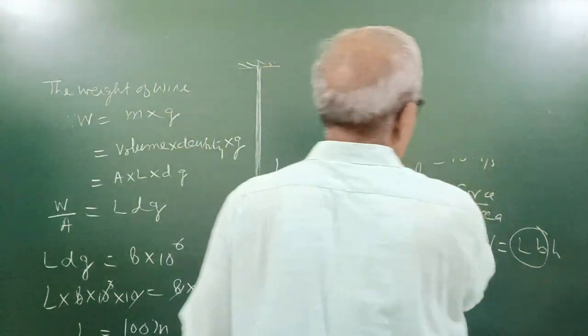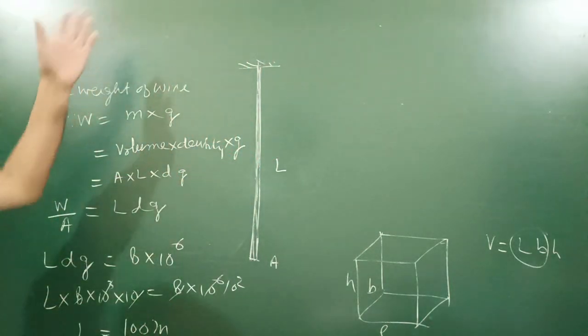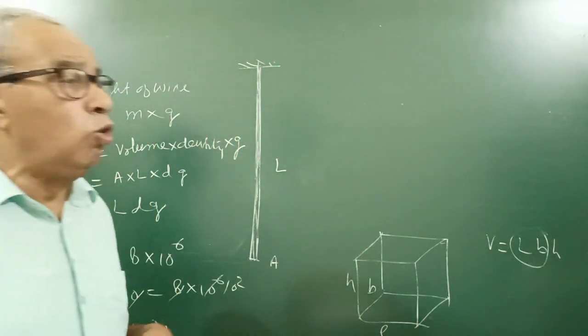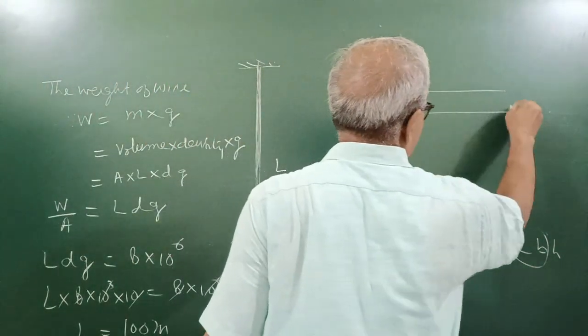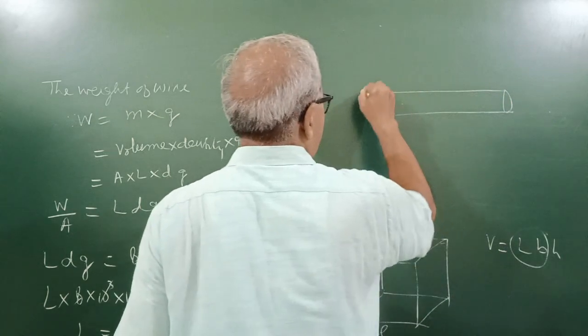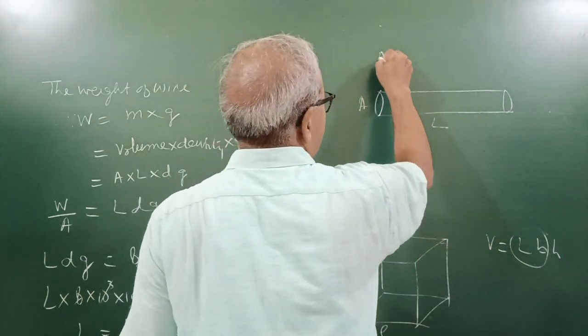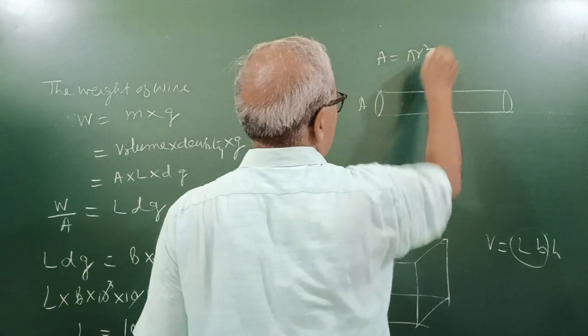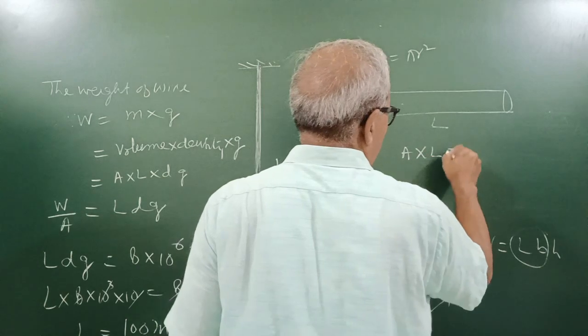So cylinder or any wire, because you will be coming across so many problems regarding volume. So suppose this is a cylinder of area A and length L. This area may be given as A equal to pi r square also. But remember, area of base into height will be volume.